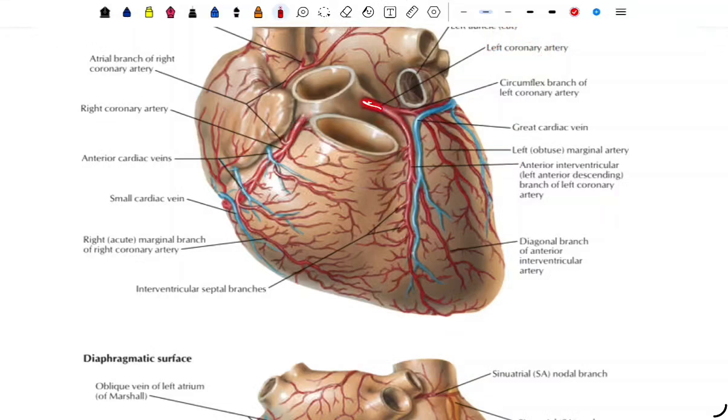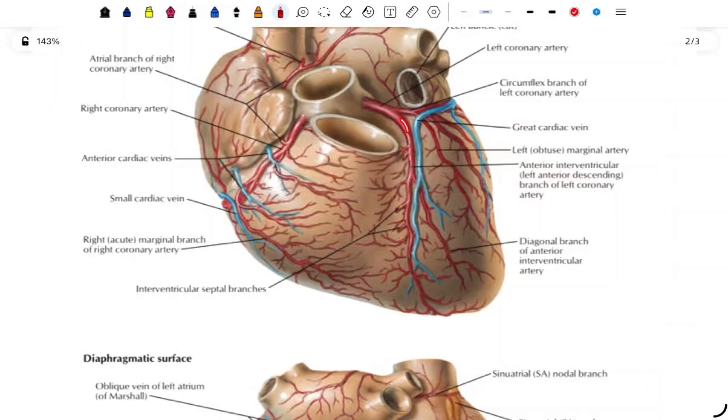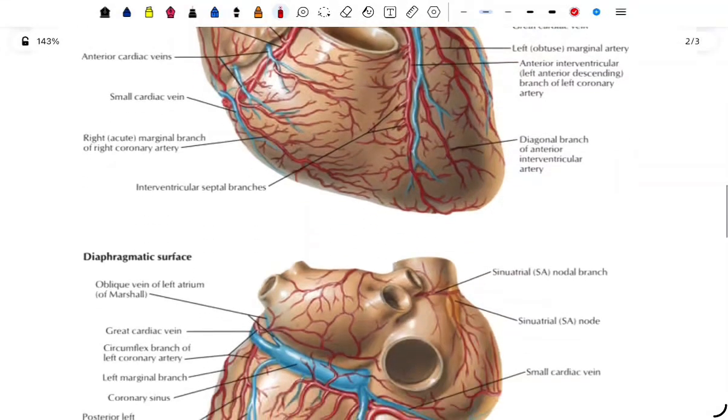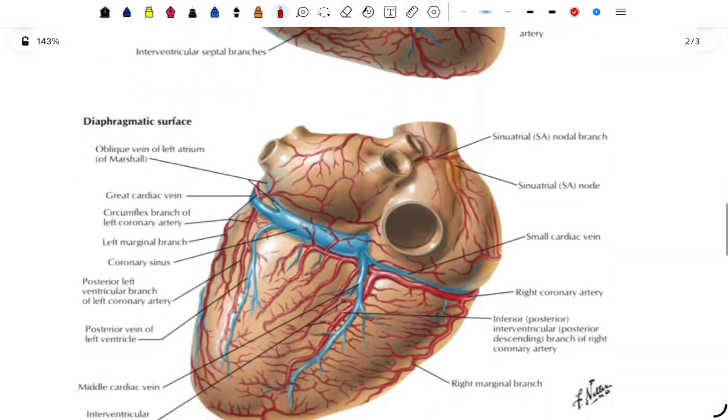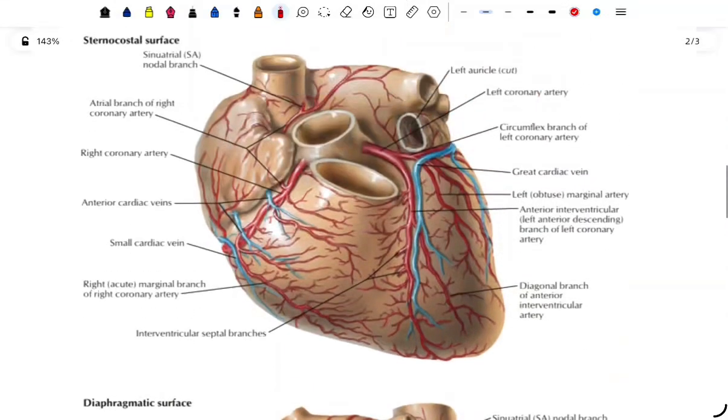The left coronary artery has two branches. This is called the circumflex branch of the left coronary artery, and this is called the left anterior descending artery, which runs through the anterior interventricular groove. The circumflex artery reaches the posterior side of the heart and provides oxygenated blood to the lateral surface and posterior surface of the heart.